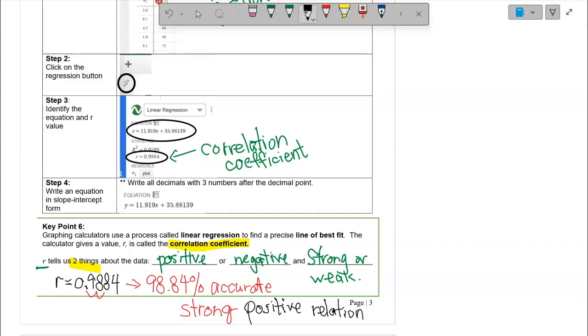You know for sure that if you use this equation to make a prediction, it's most likely going to be right. It's a 98% chance that it's going to be right. Okay, so that's what that R stands for. And in a little bit, we're going to take a look at an example of how we can do all of this using our calculator.